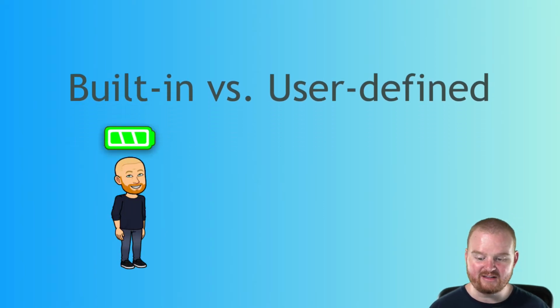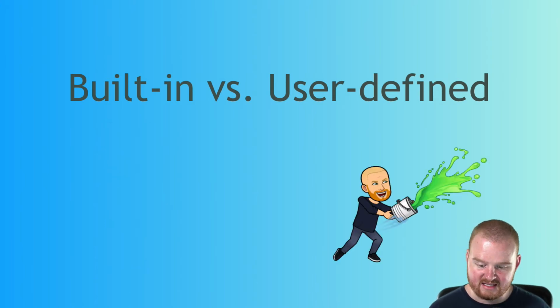Built-in types are the types that come with the language. This is the batteries included stuff like numbers and strings and dates and arrays and object types. User-defined data types are defined in terms of built-in data types and other user-defined data types.